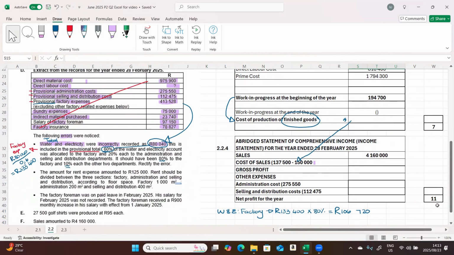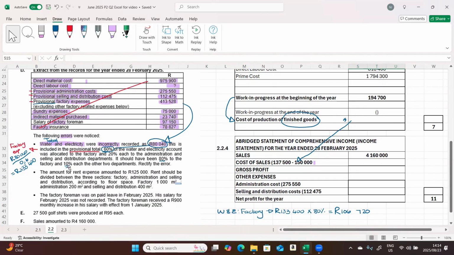Okay, guys, but we also have to fix it for the administration and the selling, which has to go from 20% to 10%. So look, the water and electricity increased from 60 to 80. That is how you know that your adjustment should be added because your percentage had increased. Okay, but look at the admin and the selling and distribution, your percentage decreased.